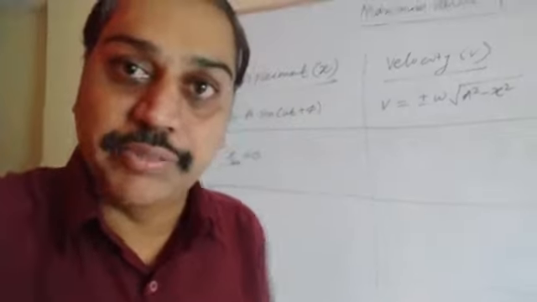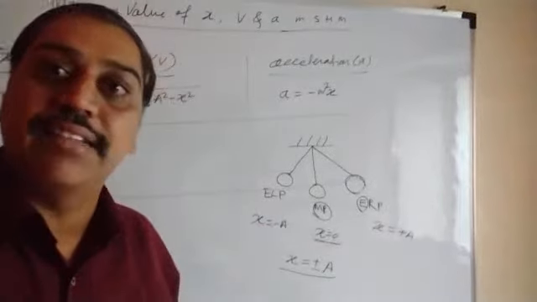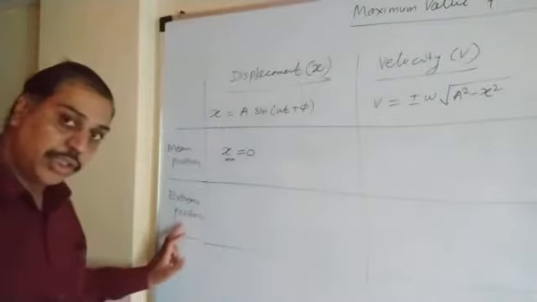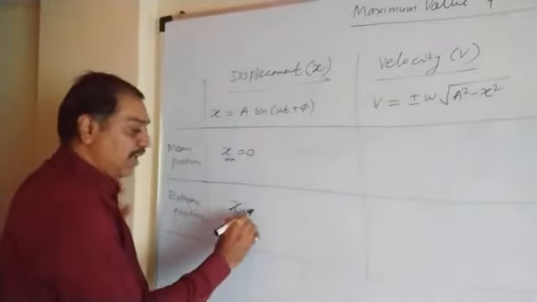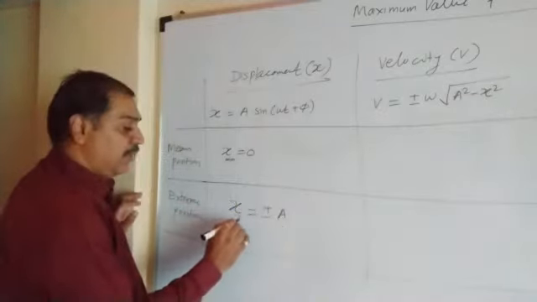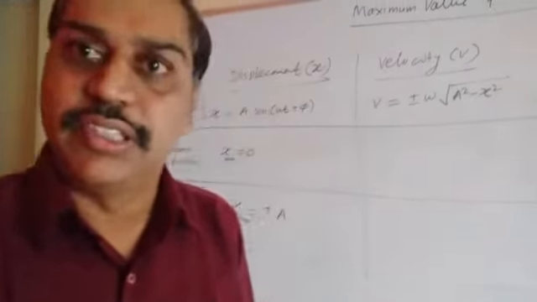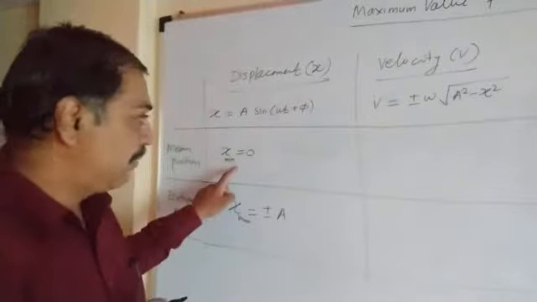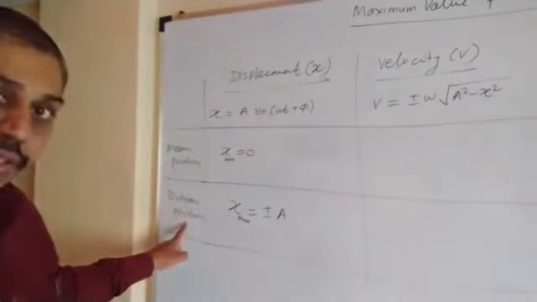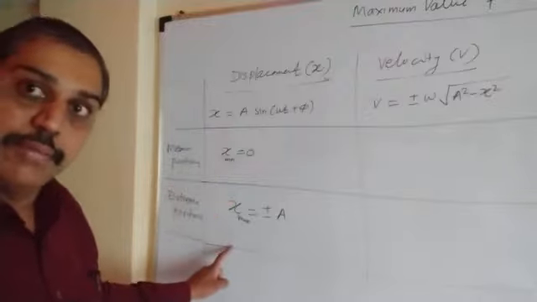At extreme position, left or right, it is minus a or plus a, x equals plus minus a, and it is the maximum value, called x max. Is that clear? So displacement is maximum at extreme position and minimum at mean position. The minimum value is 0, the maximum value is plus minus a.